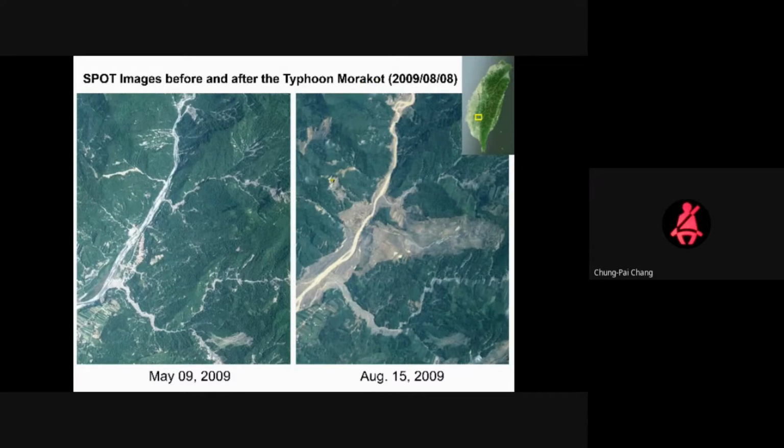Between these two images, you can very clearly see the image before the typhoon. The village is not small. Actually, there are more than 600 habitations. During the typhoon event, a large landslide was triggered by the rainfall, and the landslide material totally covered the village.